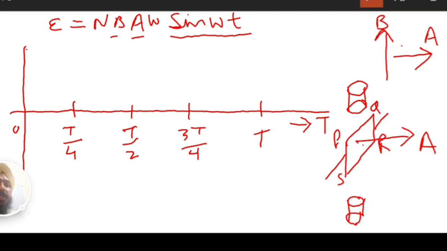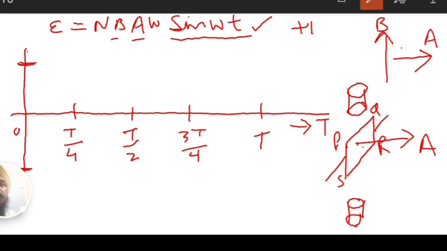So now sine omega t will give us the value of +1, and we will have a maximum induced EMF as NBA times omega. So if this is our maximum induced EMF, then our induced EMF will be here. So the graph will be like this.